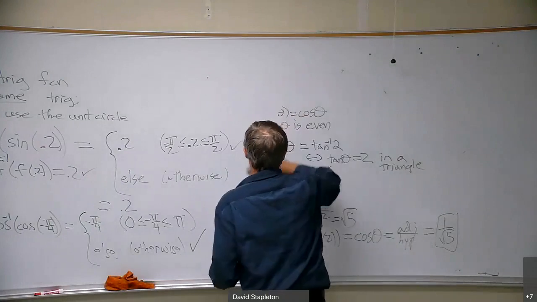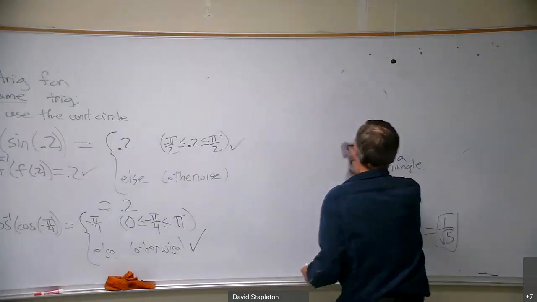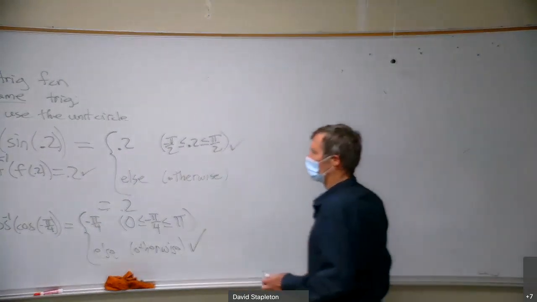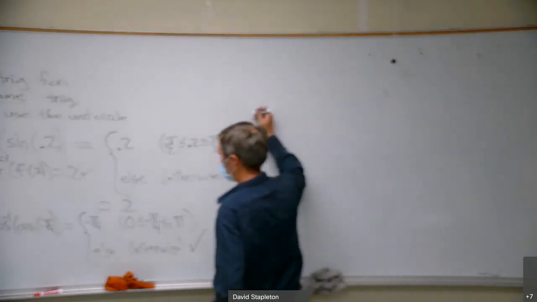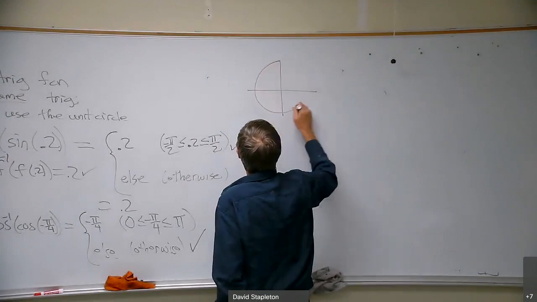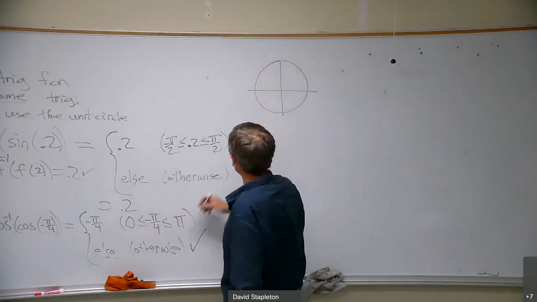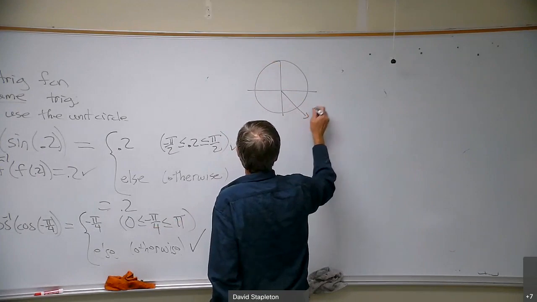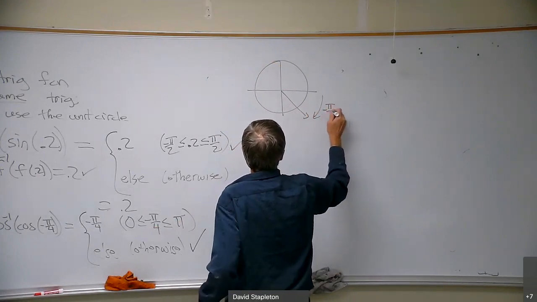And here's what you can do. Draw the angle minus pi over 4. It splits the axis here, right? Minus 45 degrees.